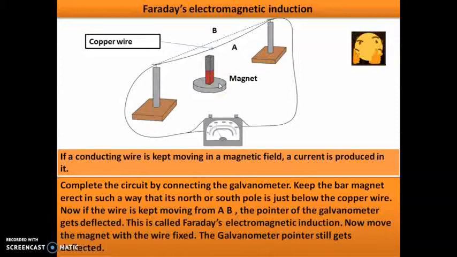What you observe is that the galvanometer pointer is still deflected. From that he concluded that in both cases the current flows through the circuit. Whether the magnet is moving and the wire is stationary, or the wire is moving, the current is produced in the circuit.